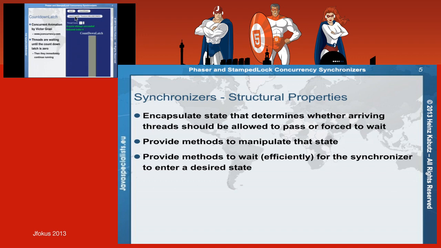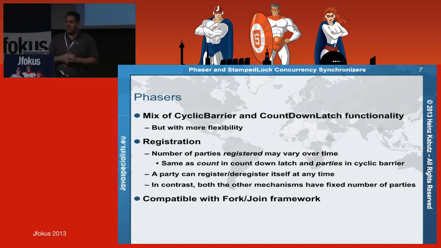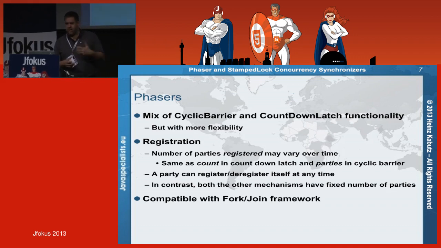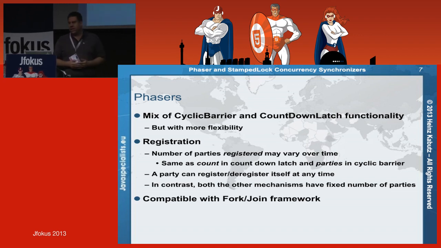So the phaser is a Java 7 class, and what it does is it mixes the CountDownLatch functionality, which is a once-off CountDownLatch, and the CyclicBarrier, which allows you to have lots of different cycles and rendezvous at a certain point, a bit like meeting for lunch every Sunday with the whole family. That would be a CyclicBarrier.